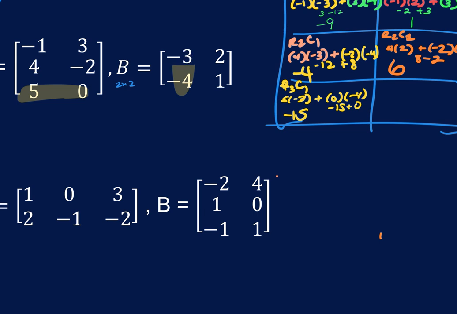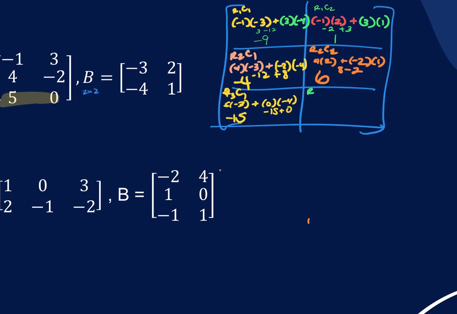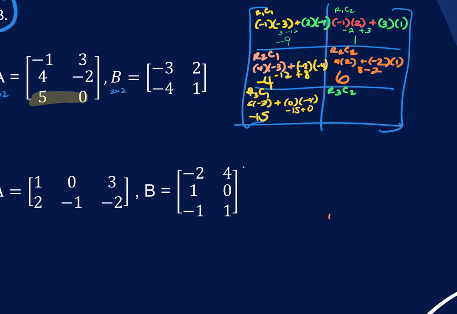And then I go to the last cell, which would be row 3, column 2, and I highlight row 3, and I highlight column 2. And I do 5 times 2 plus 0 times 1. And I get 10 plus 0, or 10.